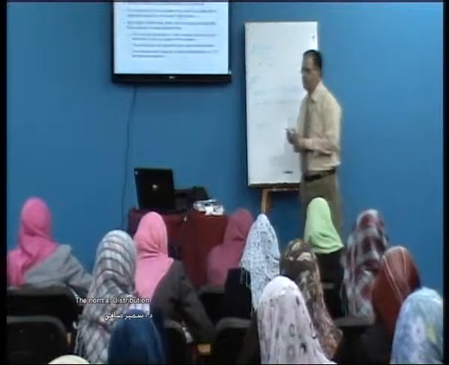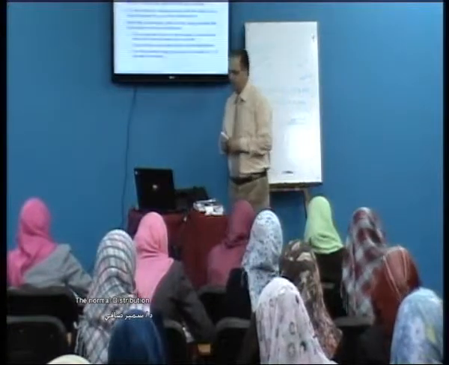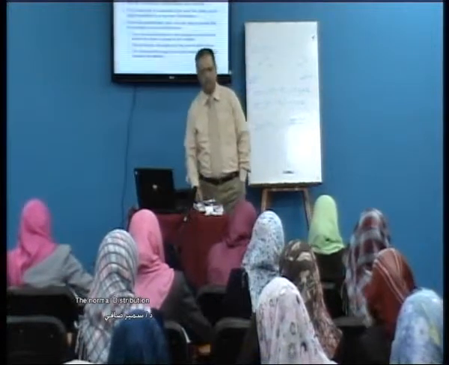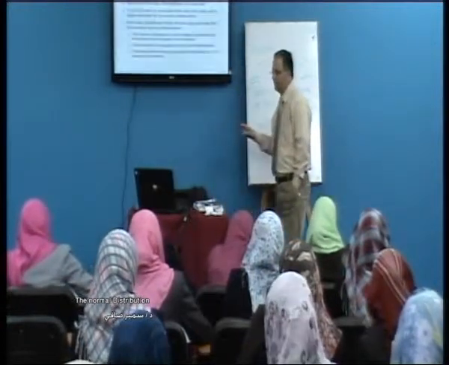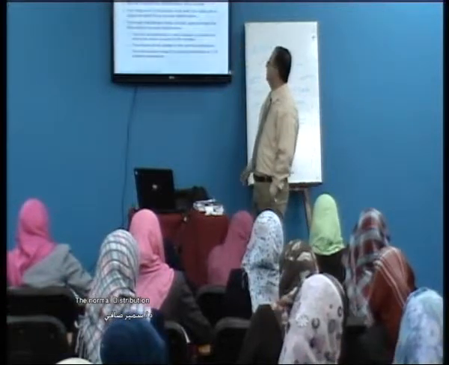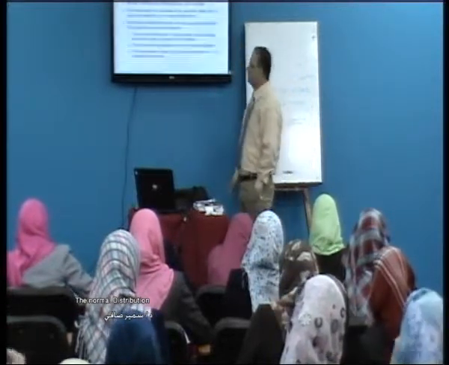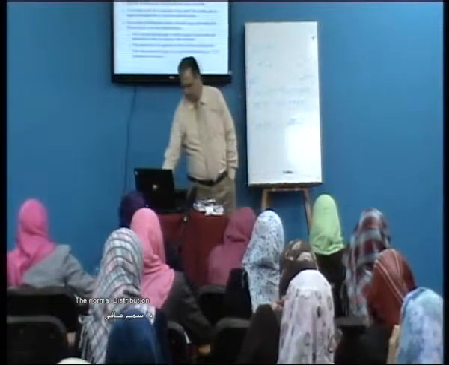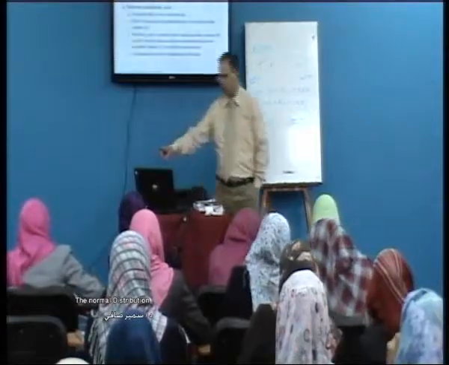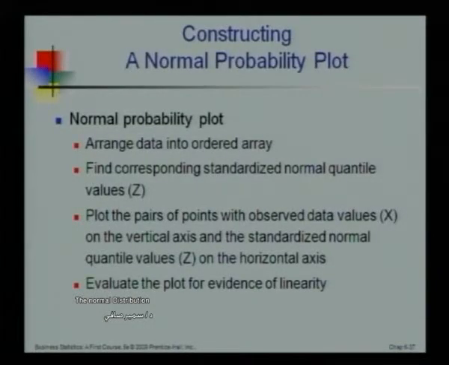The other method is by using software, and later on you will take SPSS in order to determine if the data is normally distributed by using something called a QQ plot or normal probability plot. So I'm going to skip this part because it's better to take it by using software.